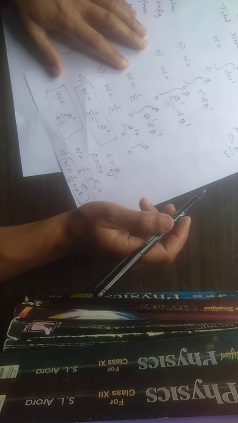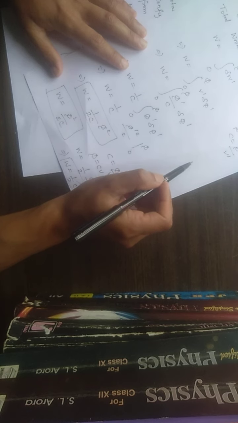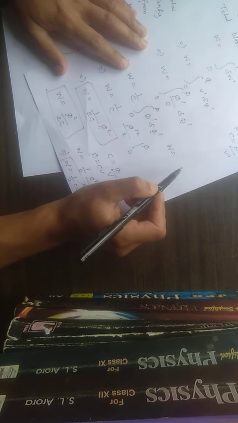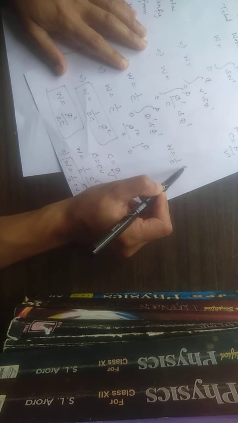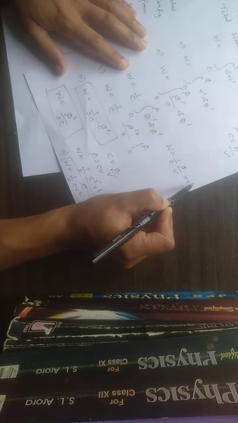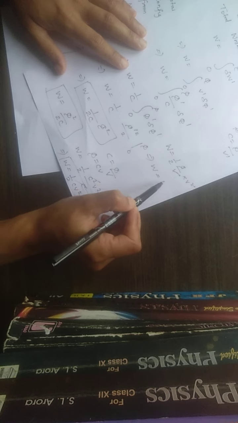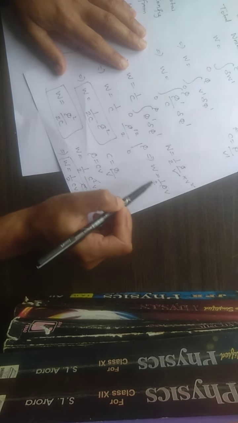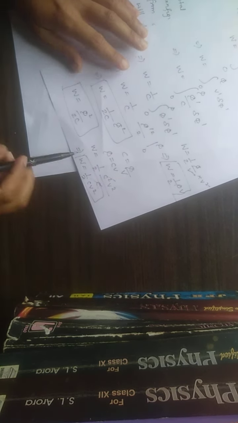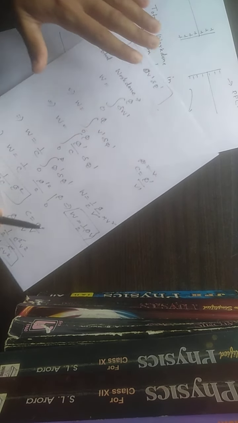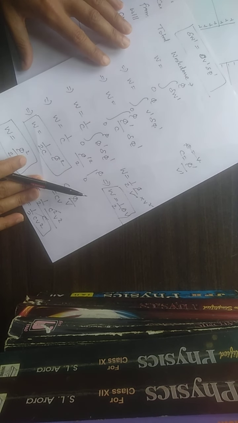In terms of V and Q, C equals Q by V, so work done equals half Q by V into V square. V cancels, so work done equals half QV. So it can be written as Q square by 2C, half QV, and half CV square.